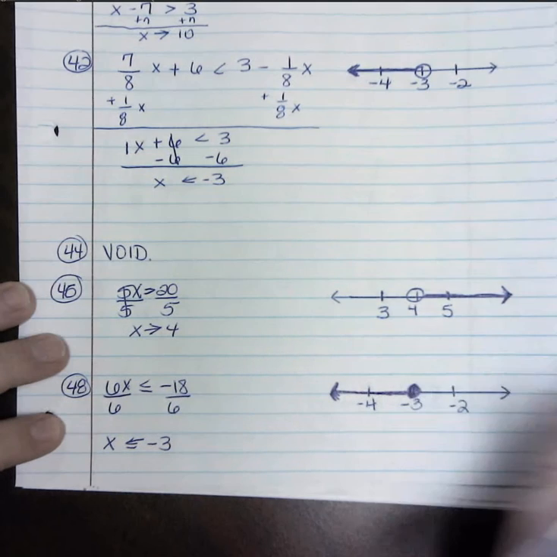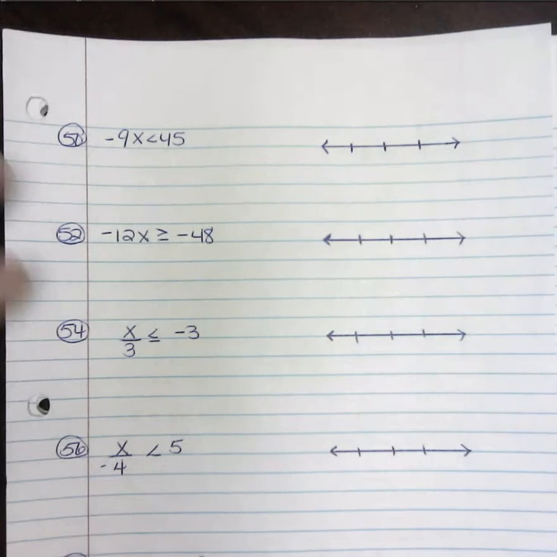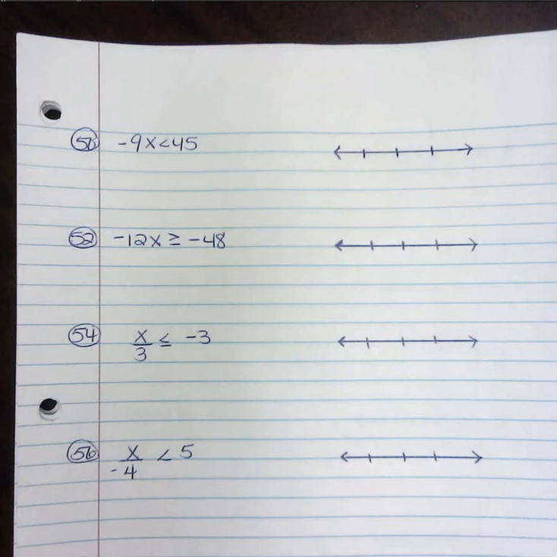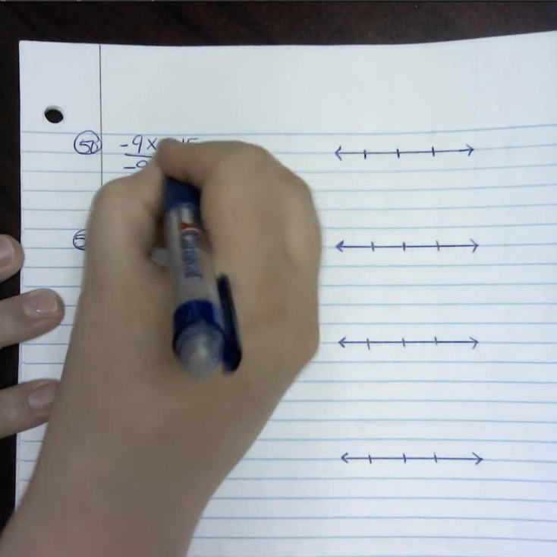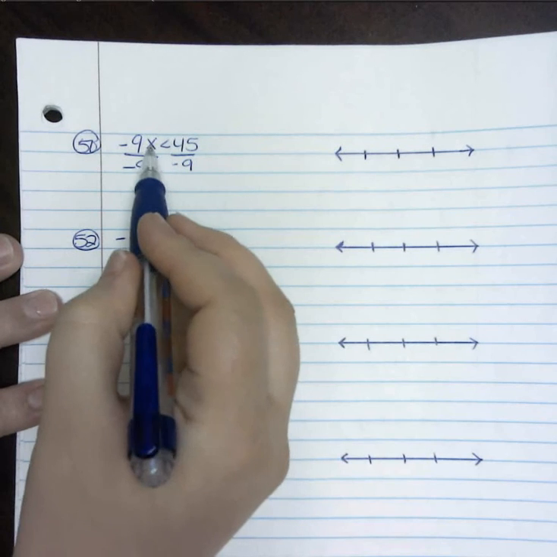Okay, so moving on to problem number 50. All right, here is where the final trick comes into play in this section. So here we're going to have to divide by a -9 in order to get our x by itself and to be positive.